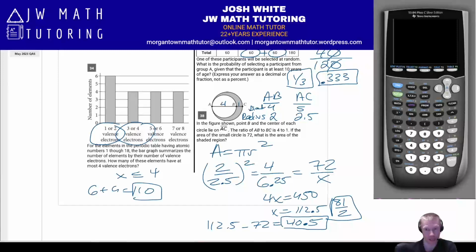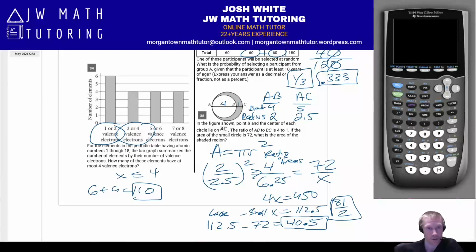And once I got that, this right here is basically the ratio of the areas of the two circles. And then I set up a proportion and set that equal to the actual numbers of the two circles, the areas of the two circles, one of which is given, one of which we're solving for. You solve for the area of the large circle, subtract area of large minus area of small, and that gives you the shaded area overall.